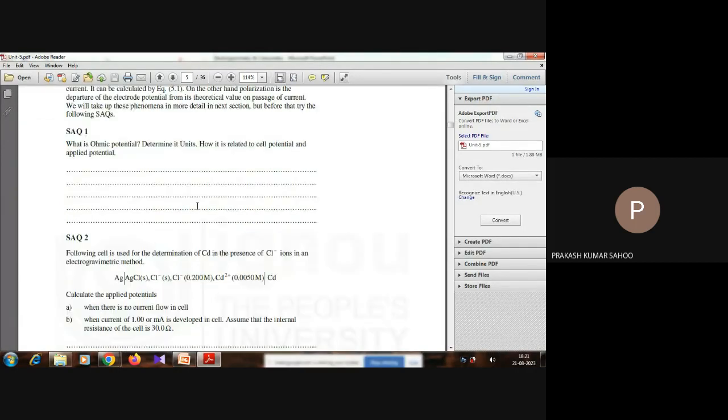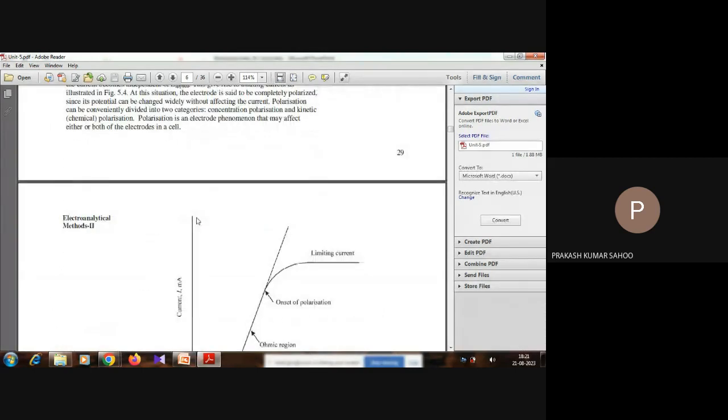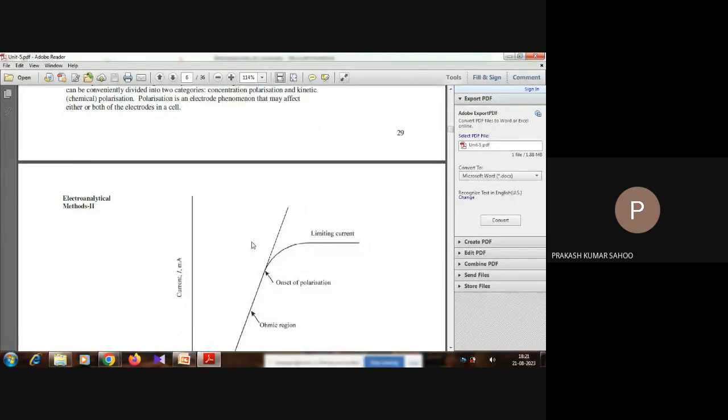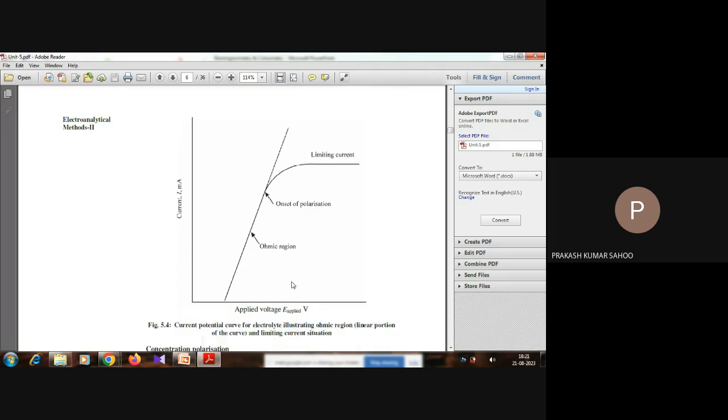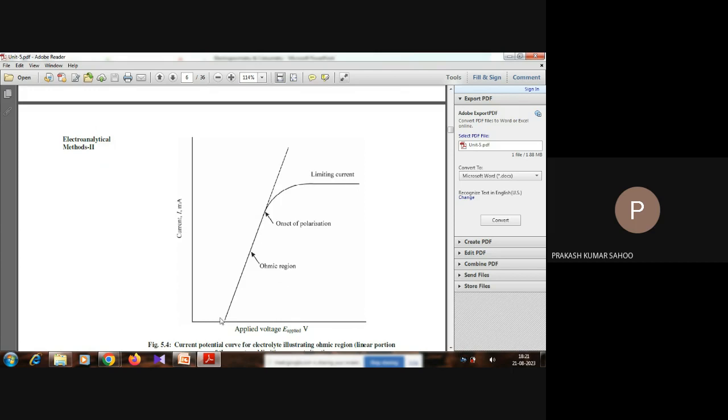Then we have the polarization concept. So in polarization, what happens? This will be the ohmic region. This is the straight line, that means E equals IR. This is the E equals IR plot. Then this linearity deviates due to polarization or due to over voltage.